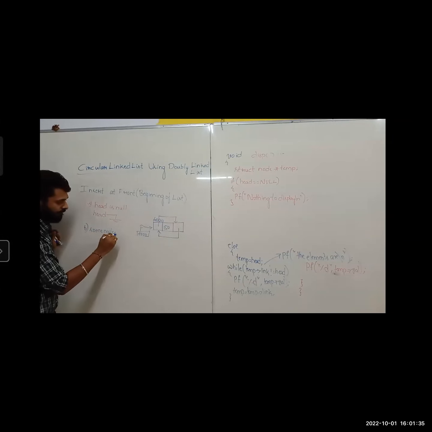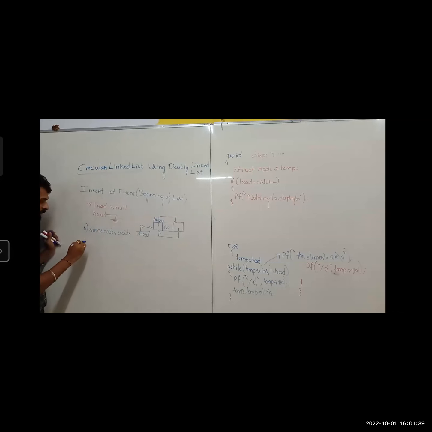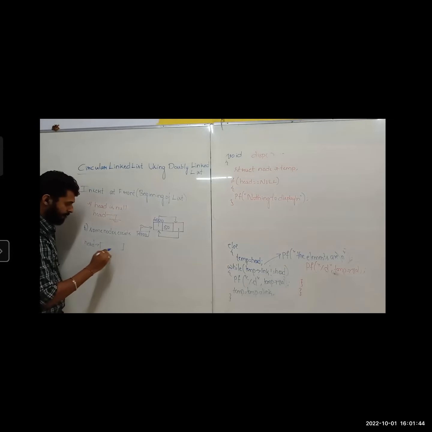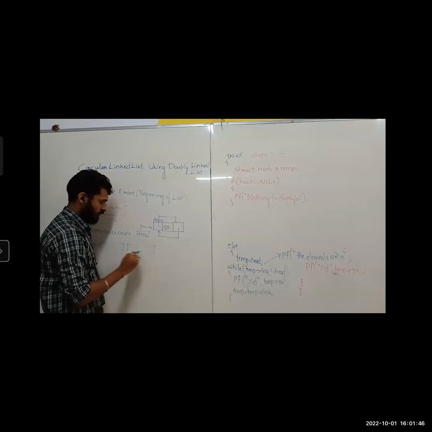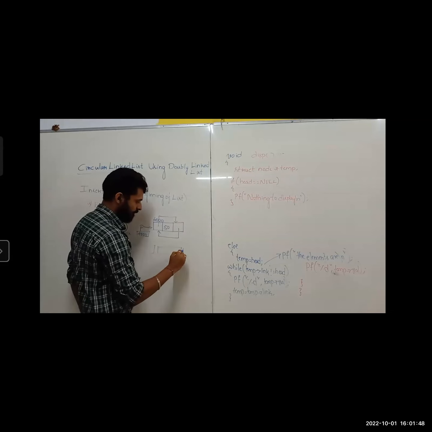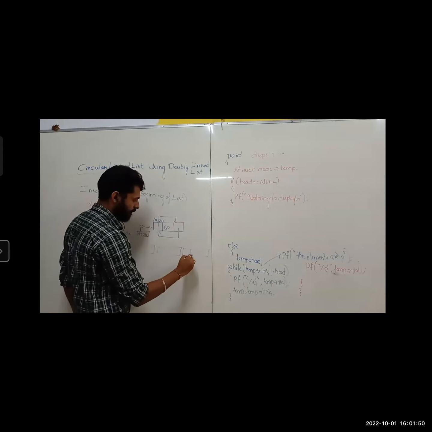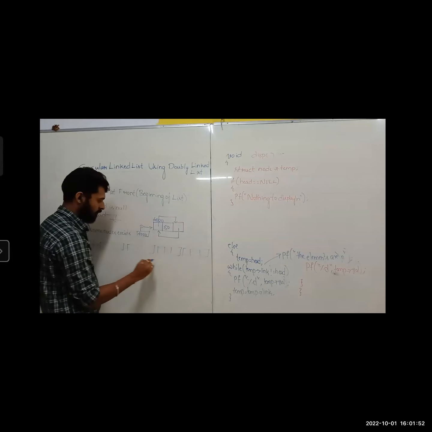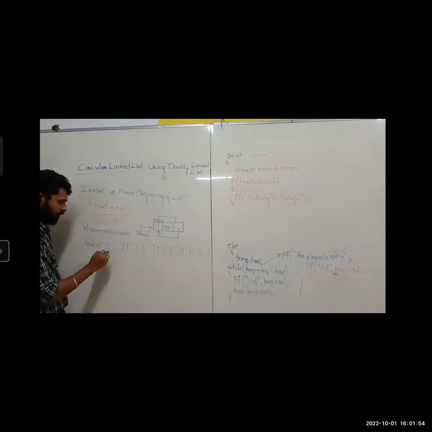Some nodes exist. Here, what should I do? Here is your head: 1, 2, 3, 4. Now please observe it carefully here because it is quite different. I can say not too difficult, but different for sure.